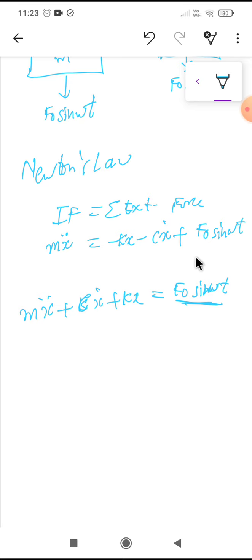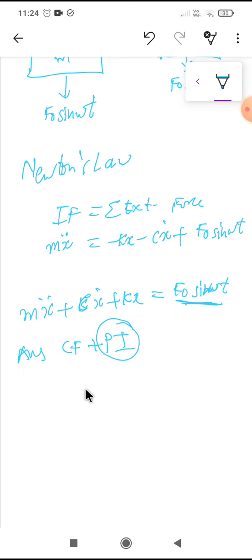If this term was 0, the answer was only the complementary function. But as it is not 0, the answer will be complementary function plus particular integral, that is CF plus PI. We have already seen how to find CF, so we'll just focus on the PI. How can we find the particular integral?